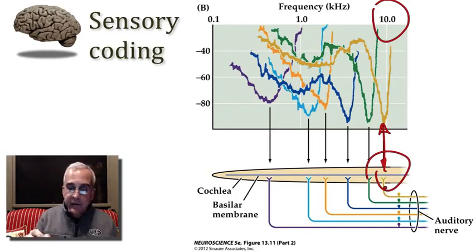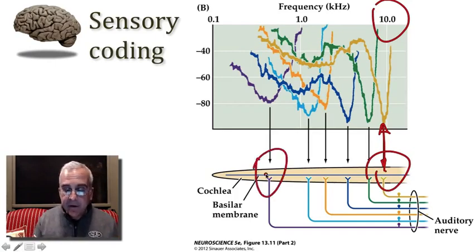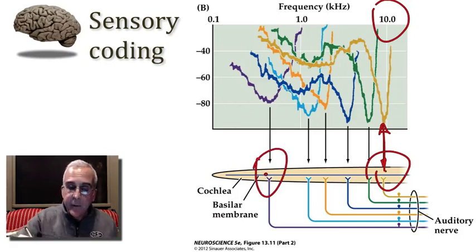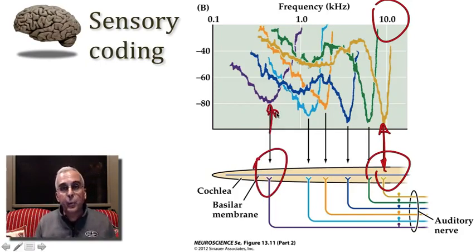Meanwhile, way at the other end of the cochlea, here is an axon that's innervating some domain of the basilar membrane that's closer to the apex, and we find a much lower best frequency, much less than 1 kilohertz.